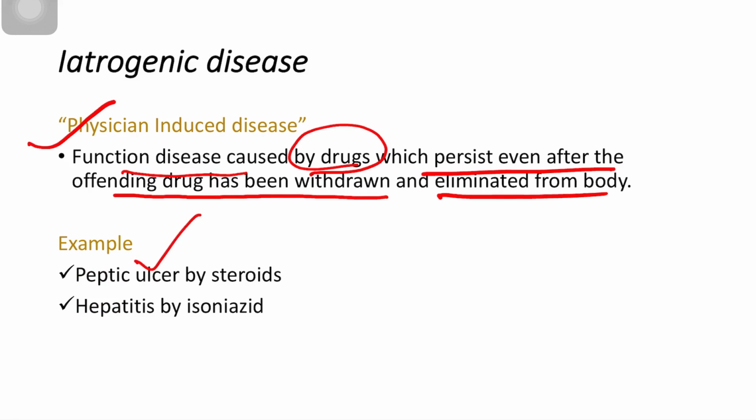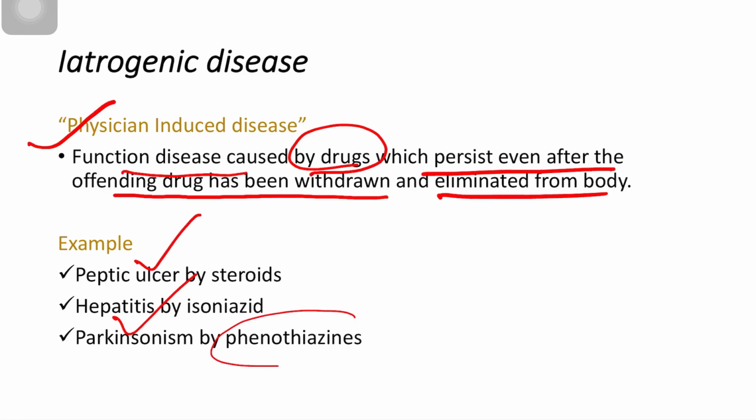If long-term steroid is taken, there are high chances that peptic ulcers develop. Isoniazid, an anti-tubercular medicine, produces hepatitis because of its toxic metabolites. And phenothiazine group medications, used as antipsychotic drugs in patients of schizophrenia or psychosis, end up producing Parkinsonism-like side effects or movement abnormalities. So these are some examples of iatrogenic disease.